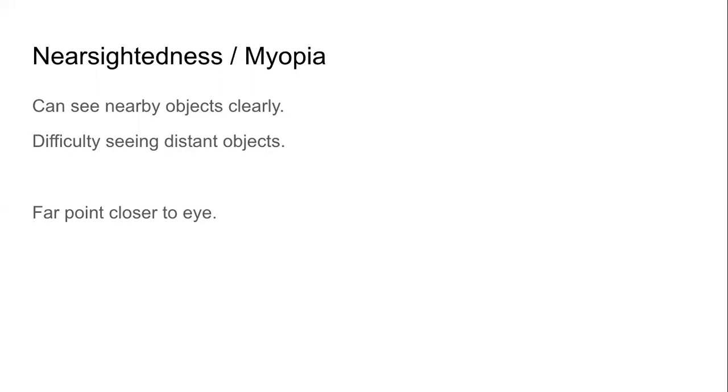What is happening in our eye? Technically, what is happening because of which we are not able to see दूर वाली चीजें? Remember, हमने कहा था distance of distinct vision. The far point is infinity. Our eyes are designed to see objects very, very far away without any stress.